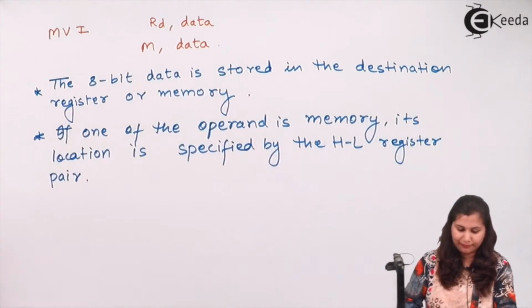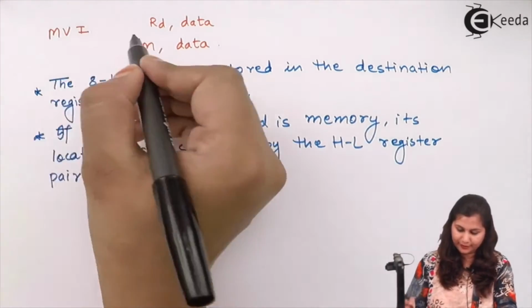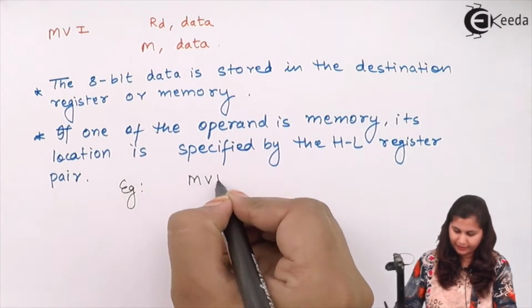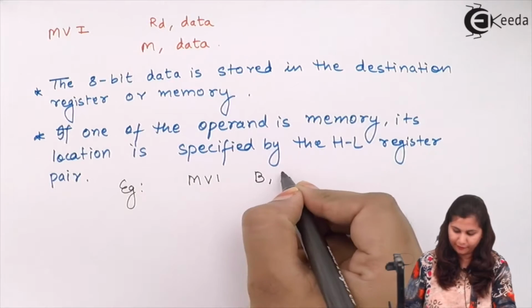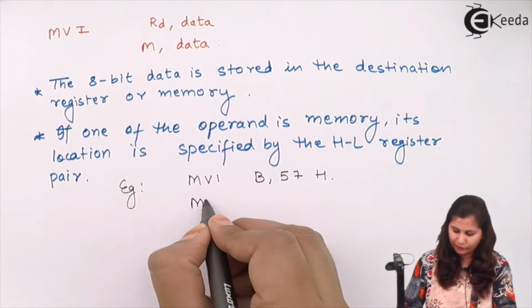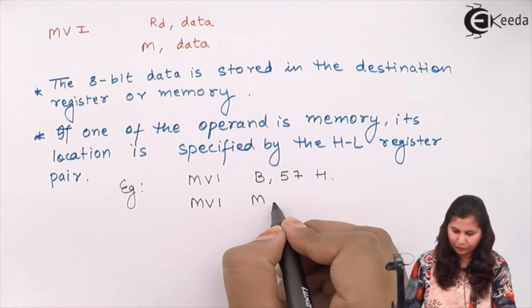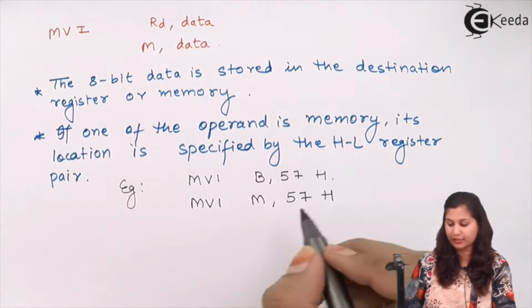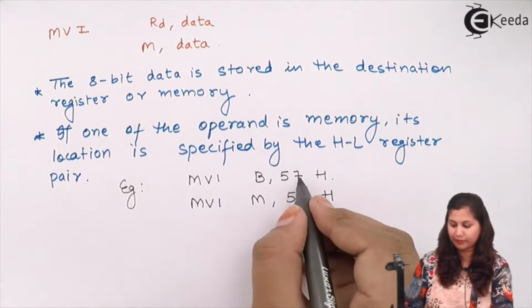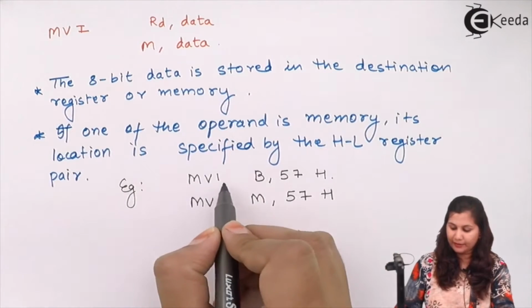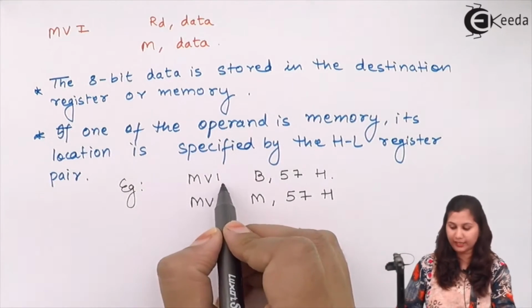If we take examples, then examples of this instruction are MVI B, 57H, or it can be MVI M, 57H. H is here denoting that this number is in hexadecimal notation, and MVI is move immediate data.